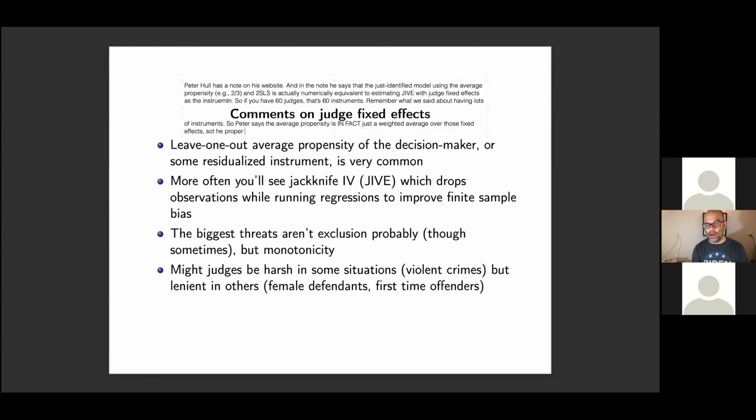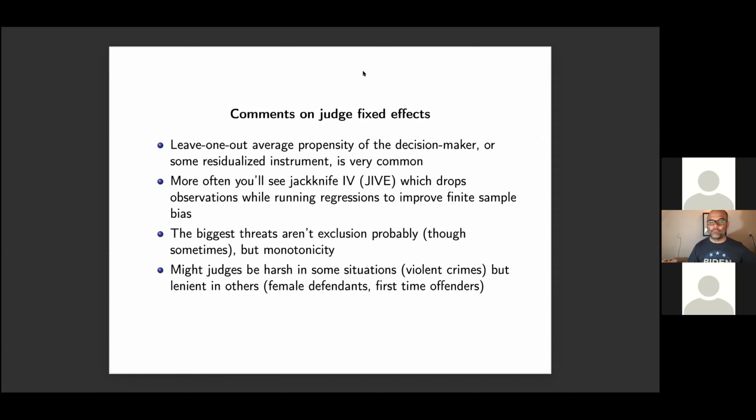So the proper model is the JIVE. People do both. But the point is, if you have weak instruments, then you're going to need to evaluate that problem, just like we said before, right?